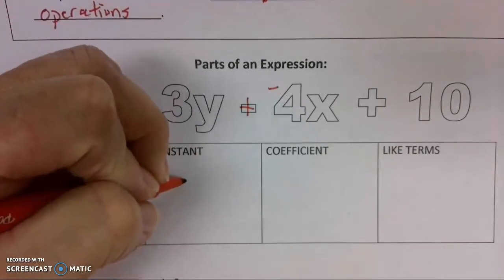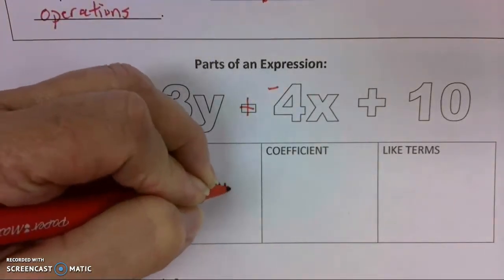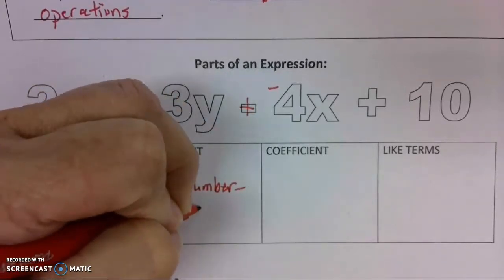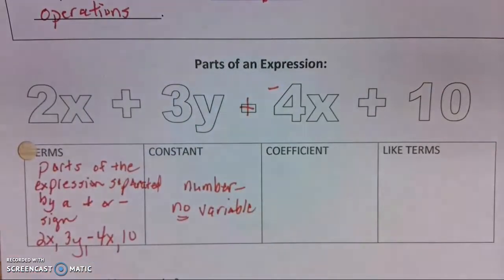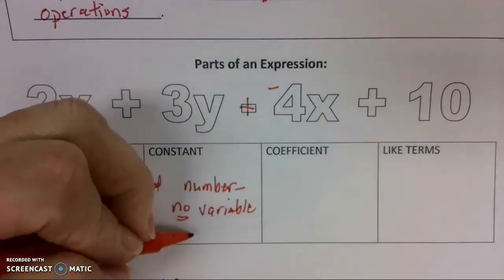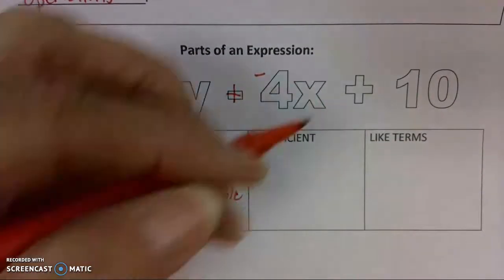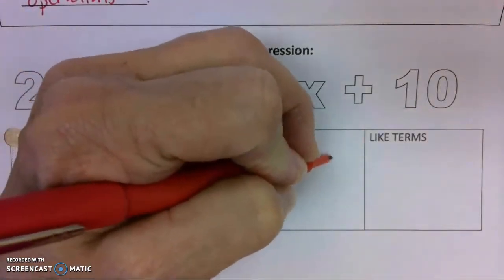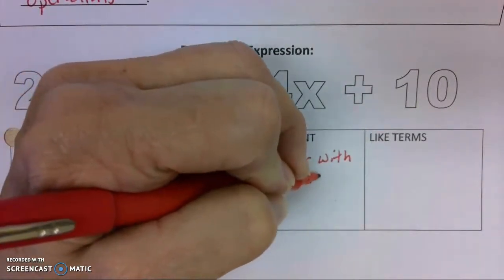The constant is a number by itself, no variable. So in this expression, I have one constant, and that's 10. A coefficient is a number with the variable.